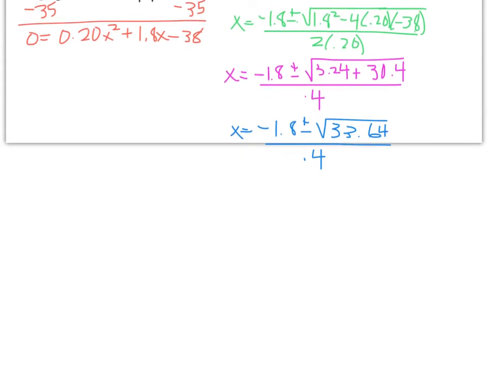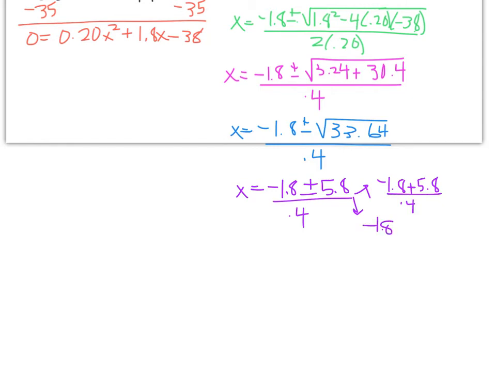Okay, so I get x equals negative 1.8 plus or minus the square root of 33.64 is 5.8 over 0.4. So now I have two possible answers, negative 1.8 plus 5.8 over 0.4, or negative 1.8 minus 5.8 over 0.4.